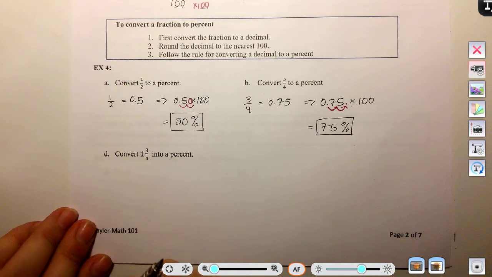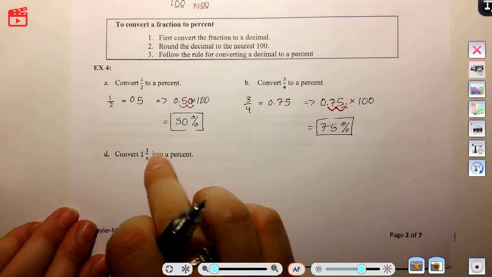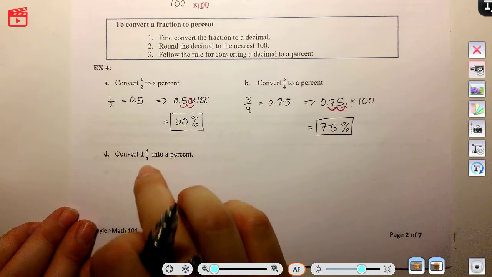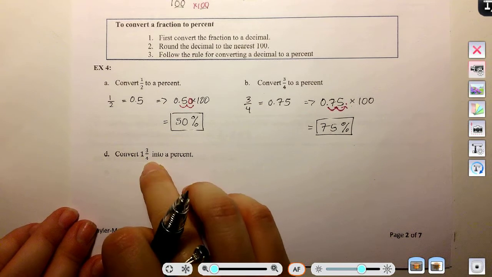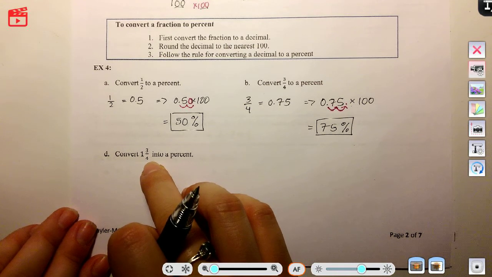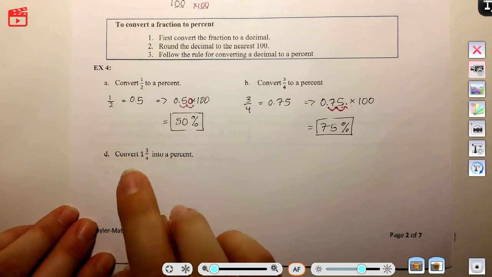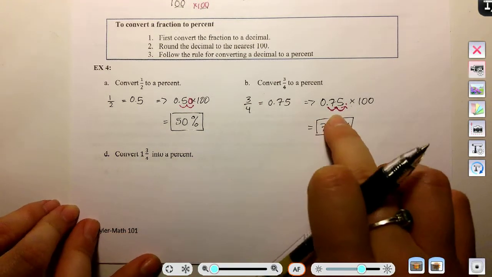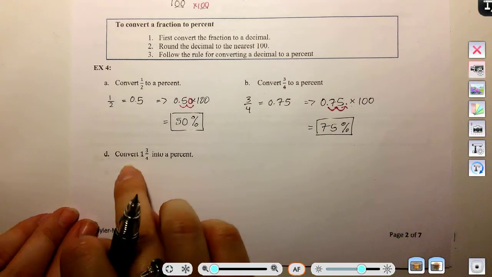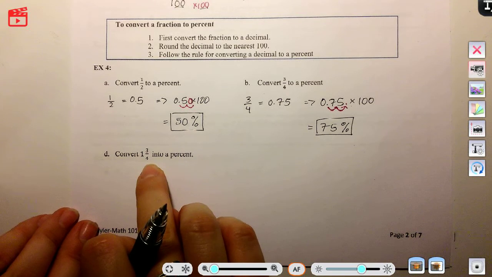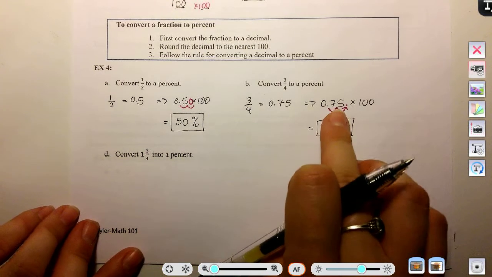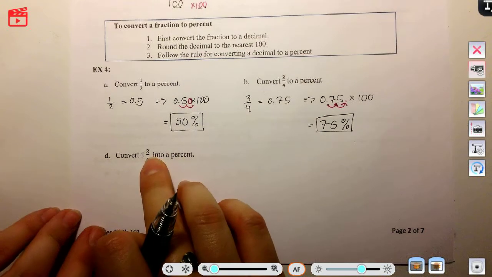Ooh, and this one's fun. That's a mixed number. For the mixed number, you could turn it into an improper fraction, or you could technically turn it into a decimal. Because our plan in the end is to move the decimal over, I'm going to change this into a decimal.